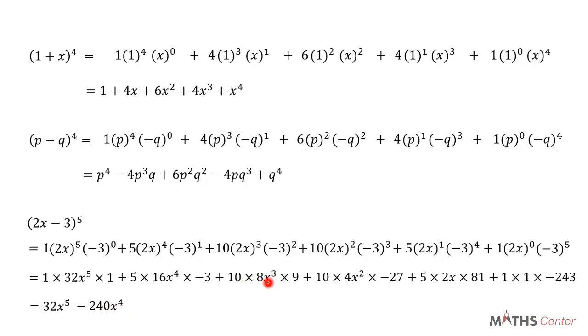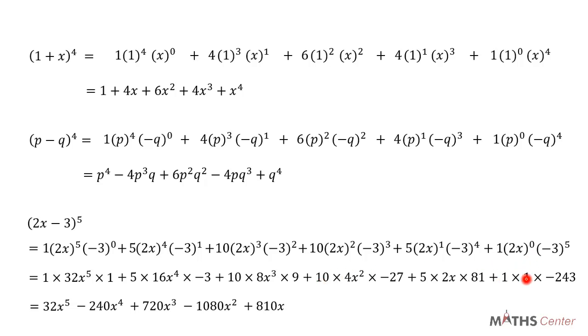10 times 8x cubed times 9 gives us 270x cubed. 10 times 4x squared times negative 27 gives us 1080x squared. 5 times 2x times 81 gives us 810x.